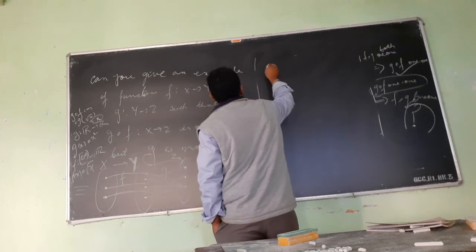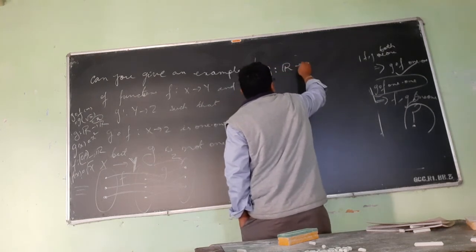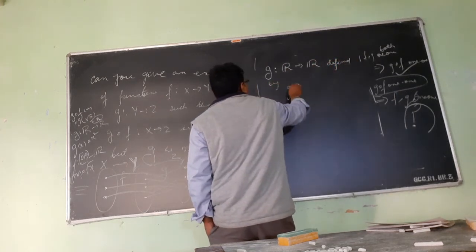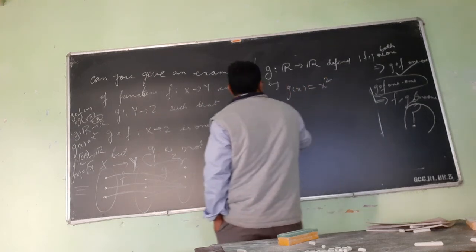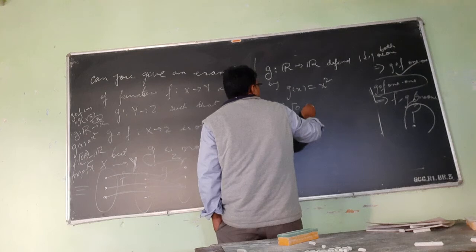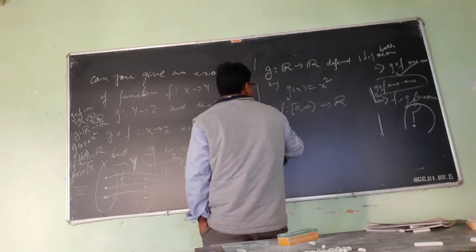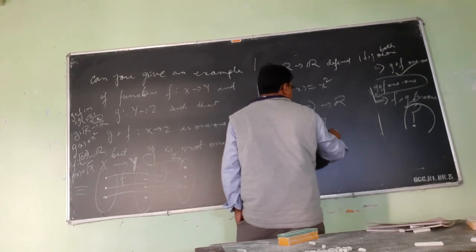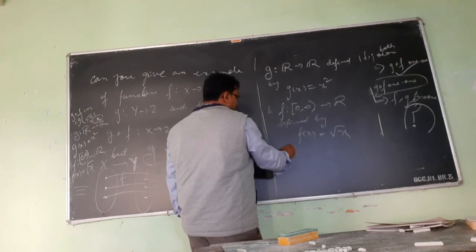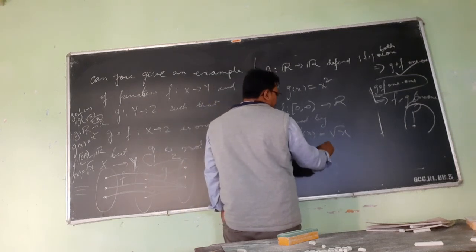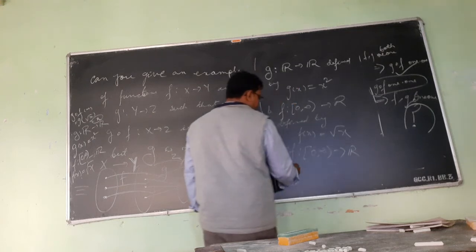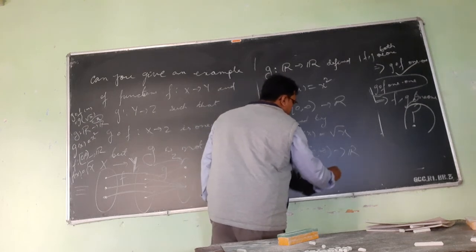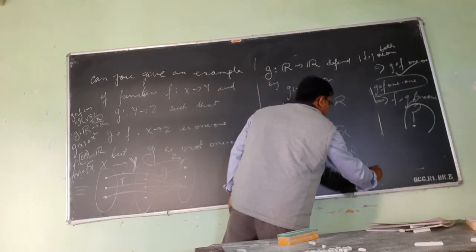So it may happen that g∘f is 1-1, but g is not 1-1. The example is this: g from R to R defined by g(x) equals x squared, and f from 0 to infinity to R defined by f(x) equals root x. So f is 1-1. Here g∘f is a function from 0 to infinity to R, defined by g∘f(x) equals g(f(x)), which is g of root x.